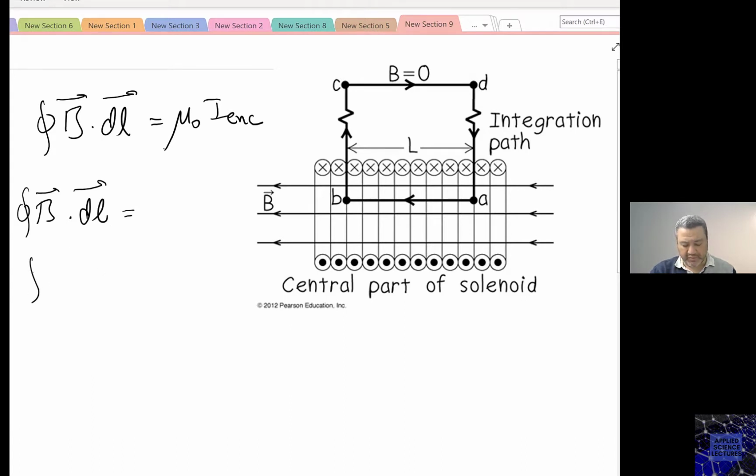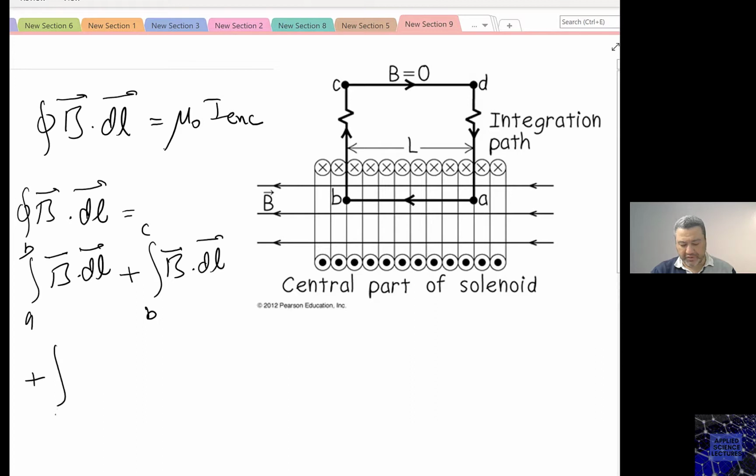The first one would be a to b, B dot dl, plus the second integral is b to c, dl, plus the third integral is c to d, plus the fourth integral is d to a.